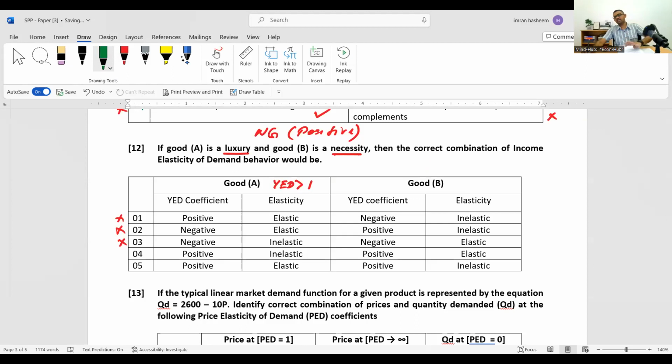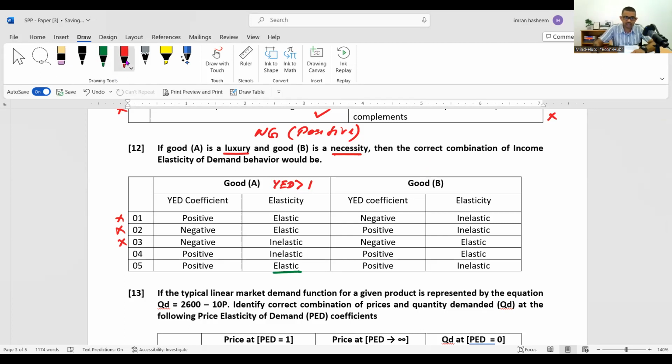Whether it's PED, YED, XED, PES, greater than 1 means elastic. Here, YED should be greater than 1, so we are looking for elastic. Between 4 and 5, don't look at 1, 2, 3, eliminated already. What answer says elastic? Here, only 1. That should be the correct answer.